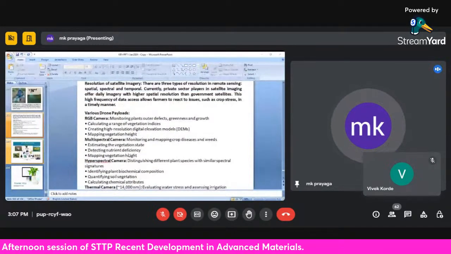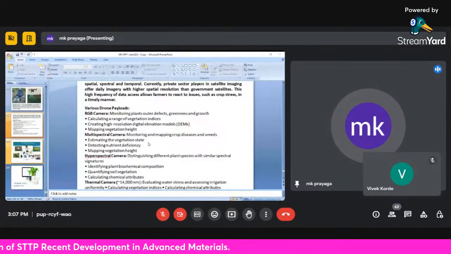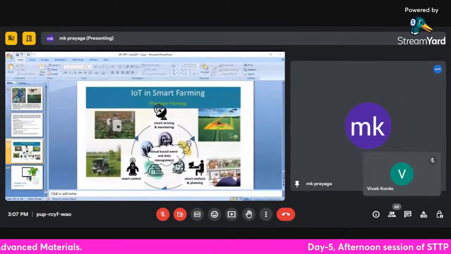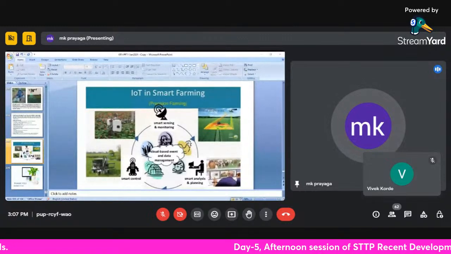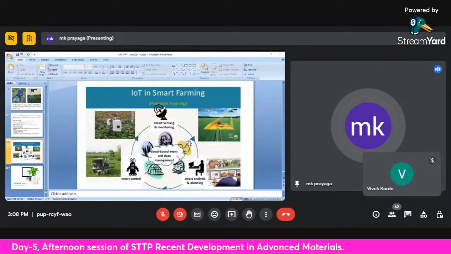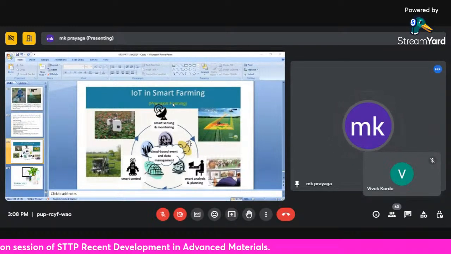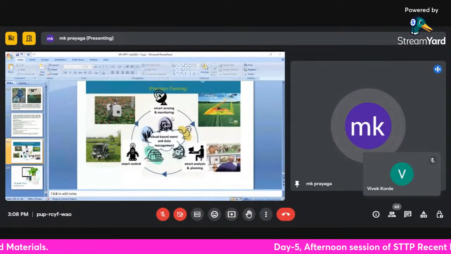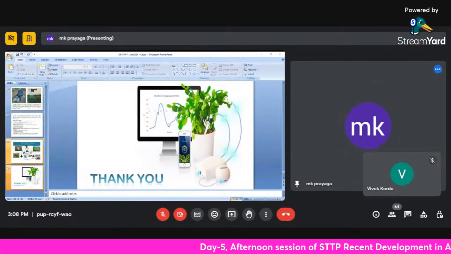To develop all this, we need a particular type of OLED with quantum dot structures. This is the future technology, which is smart farming. People nowadays are moving to smart farming. Even the ICAR, Indian Council of Agricultural Research, is promoting smart farming as well as precision farming. These two are very important concepts.